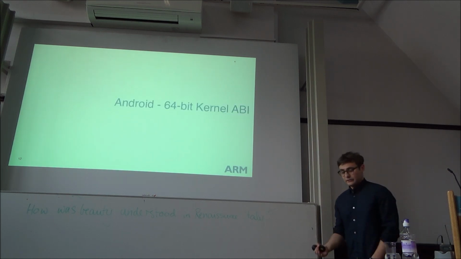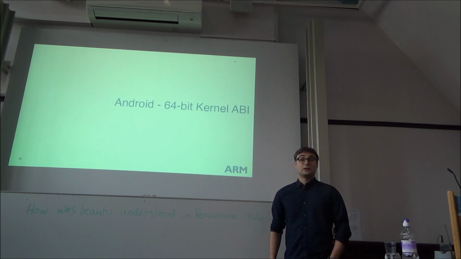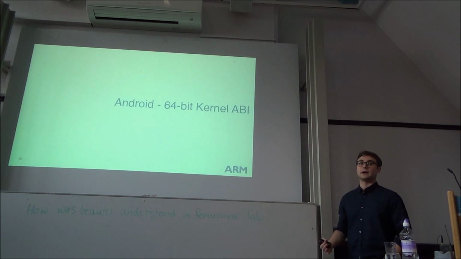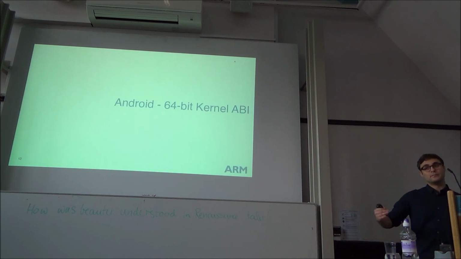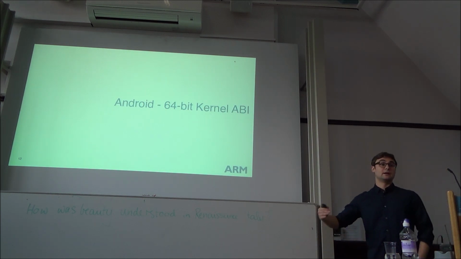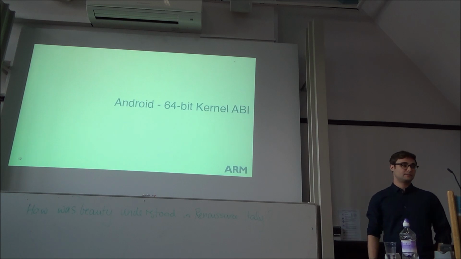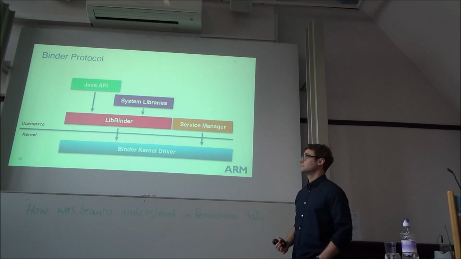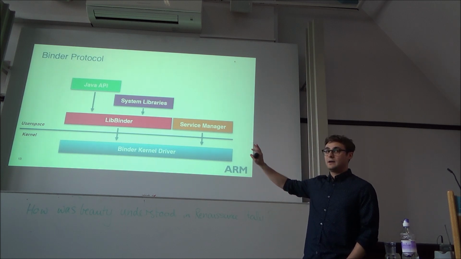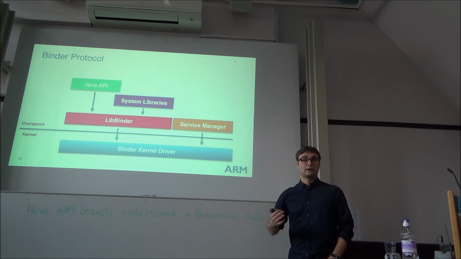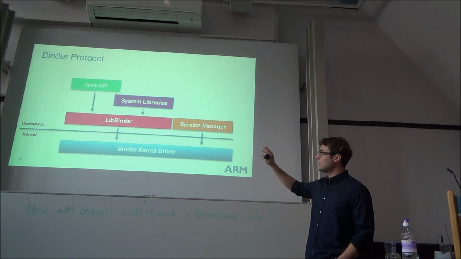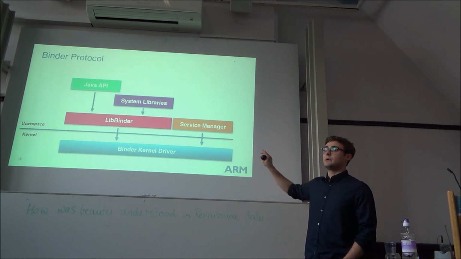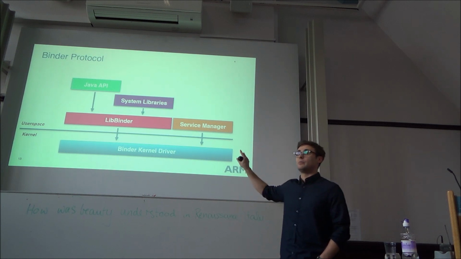So going onwards, the next task was to take a look at how we could get the Android 64-bit kernel API going, and how we can basically set the steps for having a full 64-bit user space. So this is a cross-section of how Android works. You basically have the Java API. Most of the Android applications are Java-based. Then you have the system libraries, and then as I mentioned, everything kind of revolves around binder.